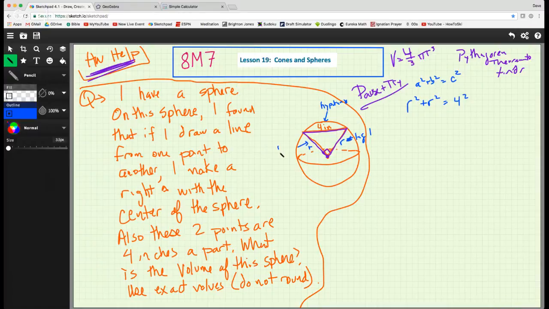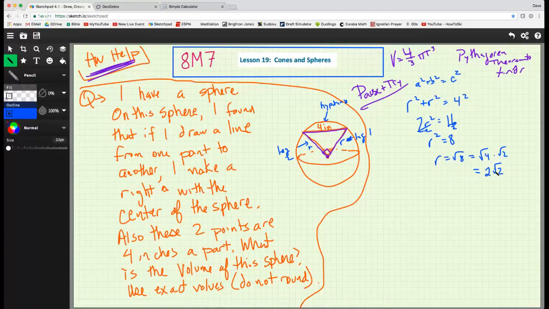And this is leg 2. And these are both radiuses. Okay? So now we have r squared plus r squared is 2r squared equals 16. So r squared equals 8, dividing both sides by 2. So r is equal to the square root of 8, which is equal to the square root of 4 times the square root of 2, which is equal to 2 root 2.